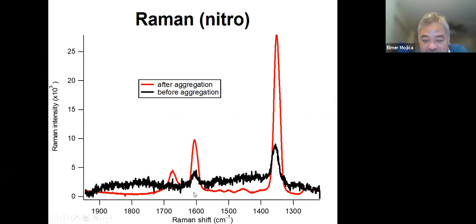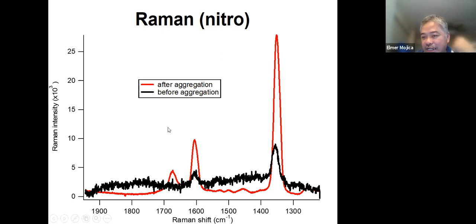And the 1600 peak that we have here represents the ring modes. When they aggregate, there's also a slight shift of the peak. But the one that is really distinct here is the peak around this one. As you could see, before aggregation, because they're in a liquid form, you don't see any peak here.